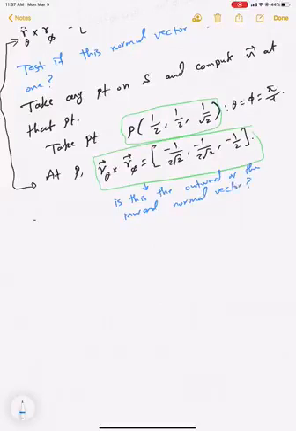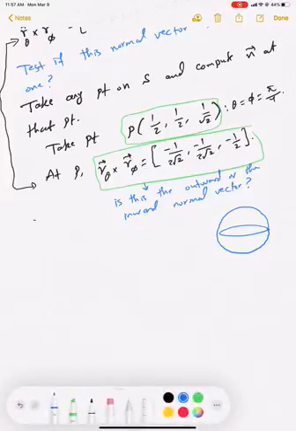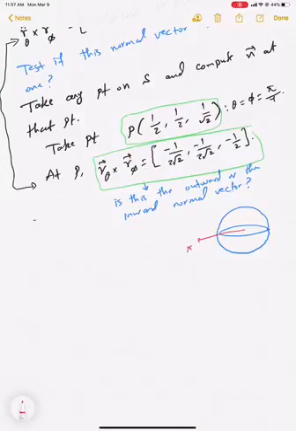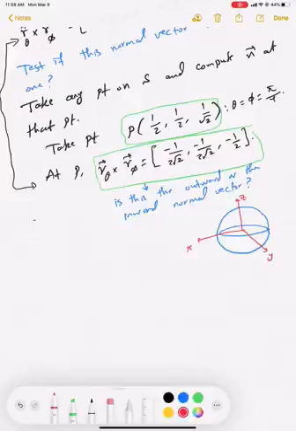When we say outward and inward, that makes a lot of sense, because in this example we're dealing with the unit sphere, which is a closed surface, and it makes sense to say outward or inward the sphere. So how do we tell if this is the inward or the outward? This is the x-axis, the y-axis, the z-axis. So the way we do it, we plug in our point. The P is a half, a half, 1 over root 2.